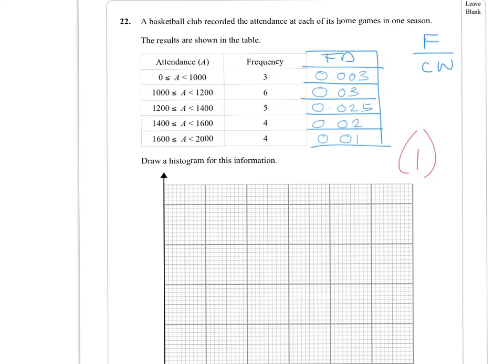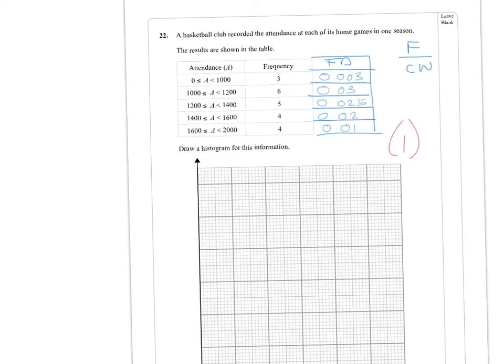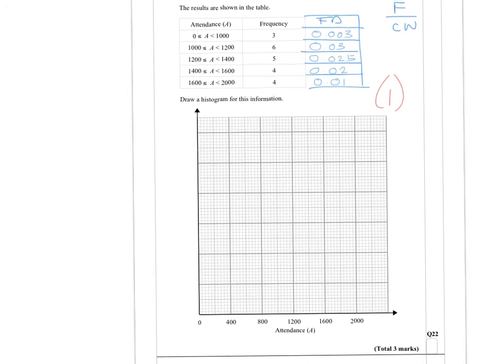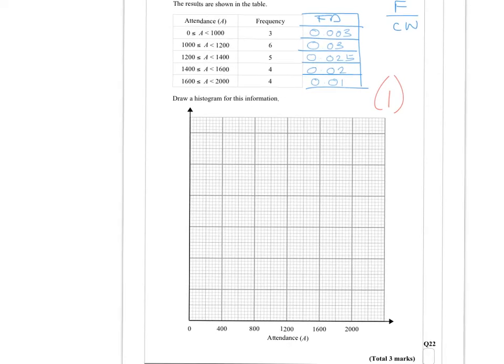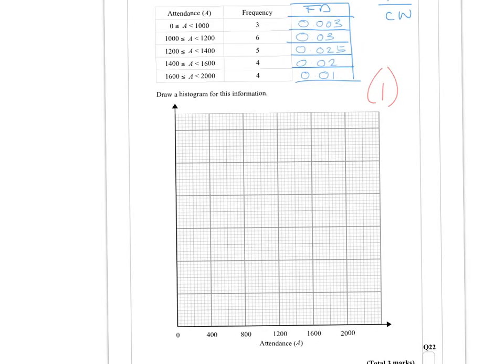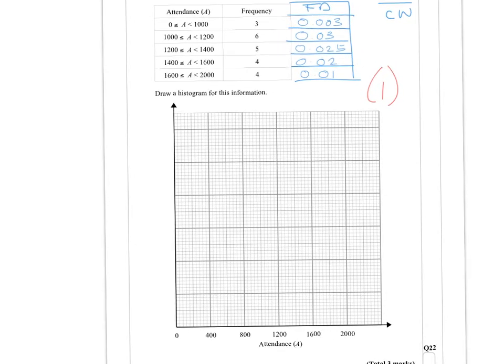It then does get a little bit harder because I've got to use that knowledge to draw my histogram. I'm really sorry, I haven't worked out how to use the ruler properly on this, so it's going to be a bit messy. First things first, find a decent scale.